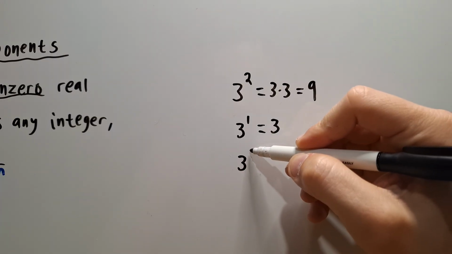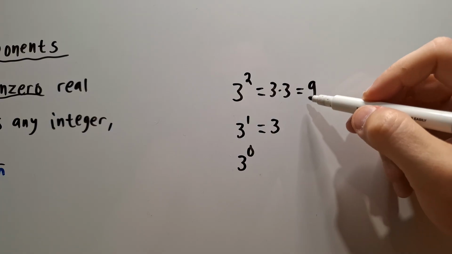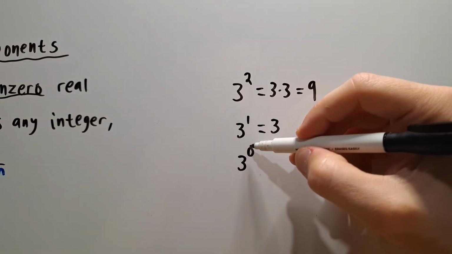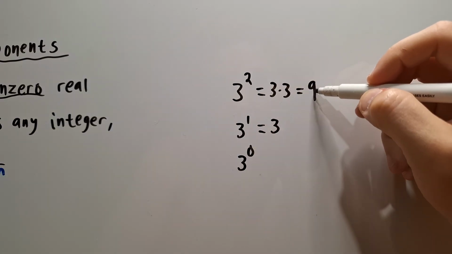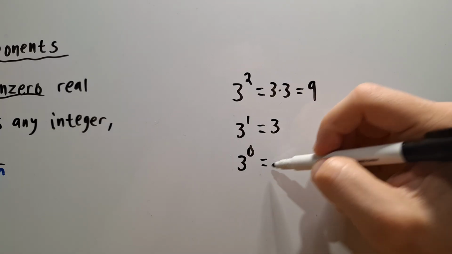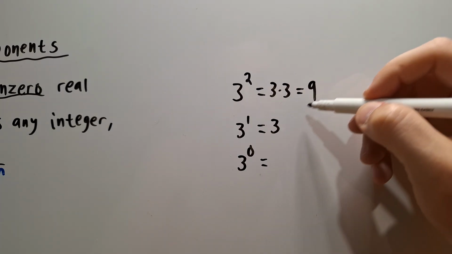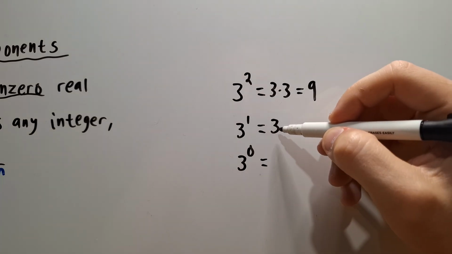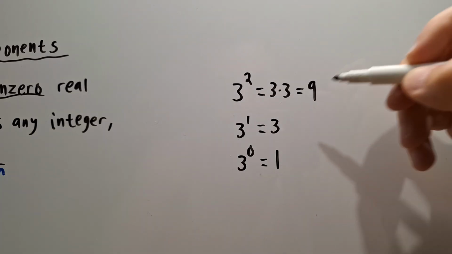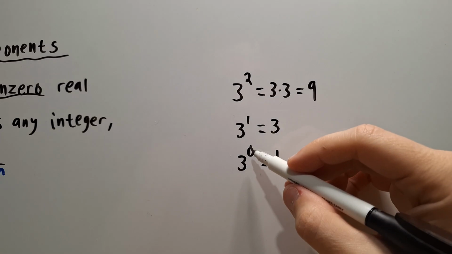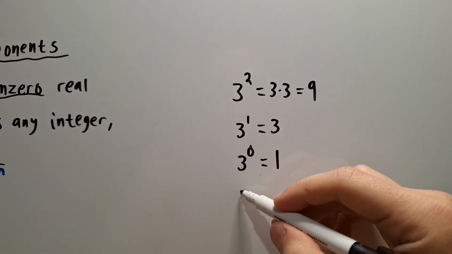In the last video, we talked about zero exponents. Notice how as this exponent goes down by 1, these values are getting smaller as well. And they're getting smaller by that dividing factor of 3. 9 divided by 3 is 3. 3 divided by 3 gives us the next value, which is 1 for the zero exponent rule.